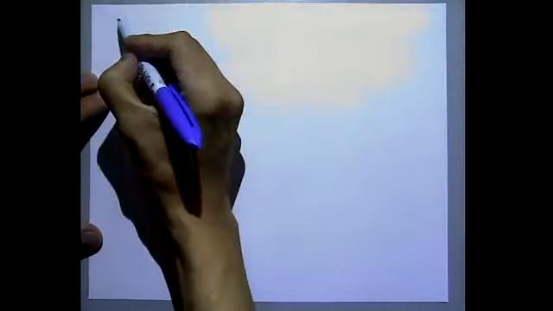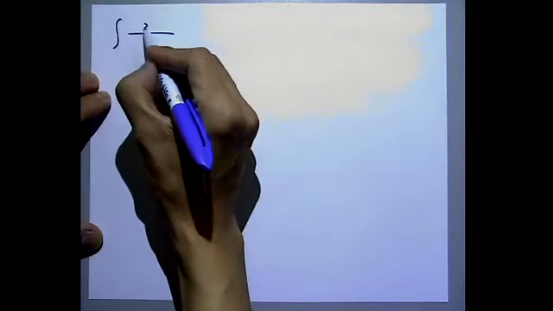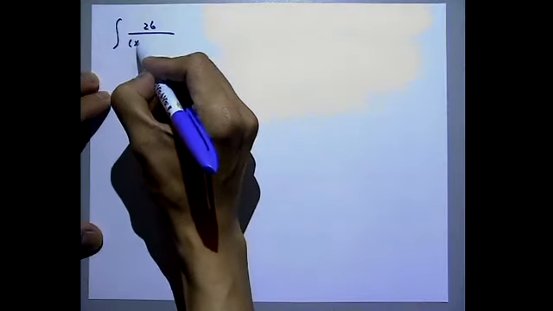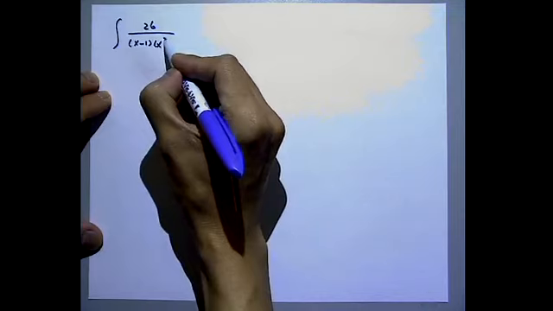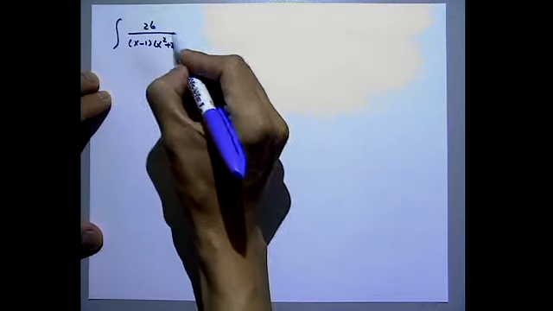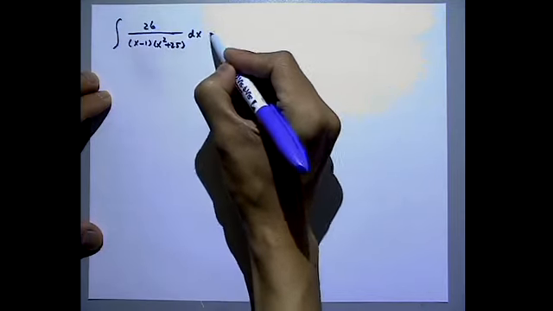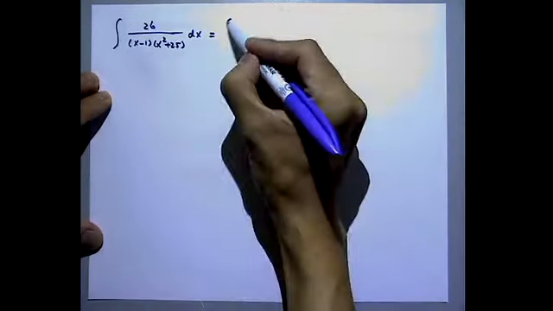The integration gets a little challenging because of the irreducible quadratic in the denominator somewhere in the integral. So that's the original one.